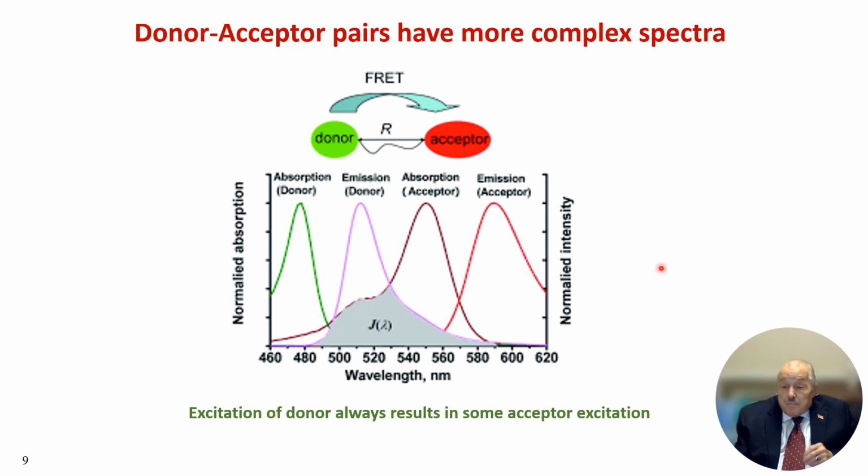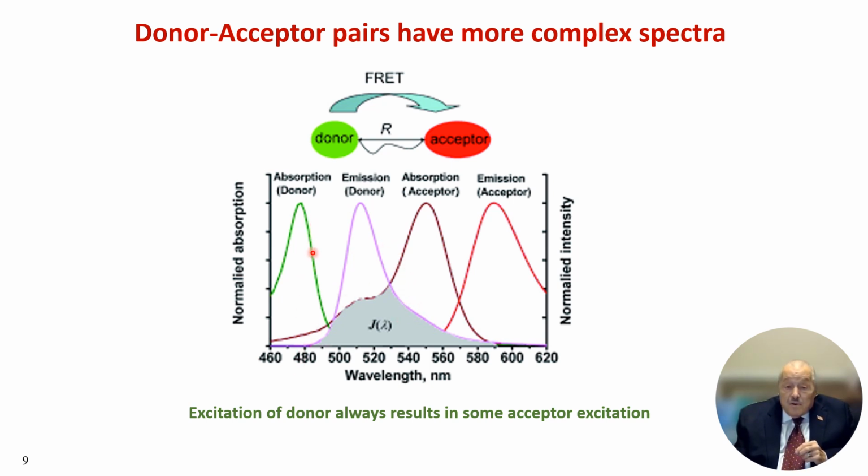The spectra for donors and acceptors are more complex than they seem from the first slide. On the first slide, I only put down the donor emission and the acceptor absorption. Whenever you're doing an energy transfer experiment, you're actually dealing with two molecules, and they each have an absorption and emission spectrum, and it's easy to get confused here.